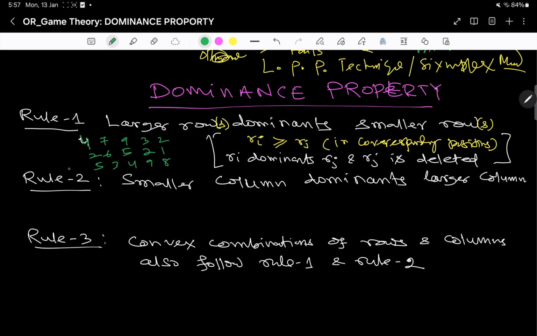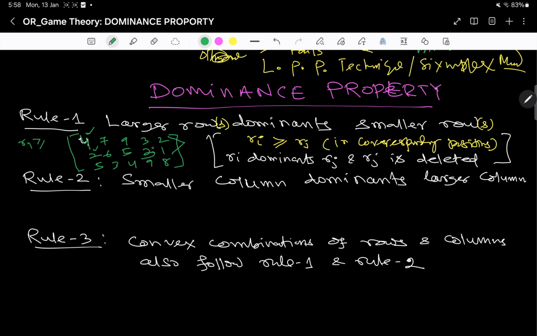If you compare row 1 with row 2, 4 is greater than 2, 7 is greater than 6, 5 is greater than 2, so row 1 is greater than or equal to R2.